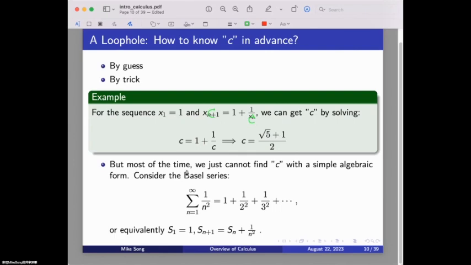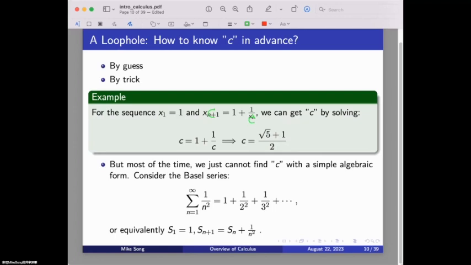But most of the time, we just cannot find c with a simple algebraic form. Consider the Basel series, which is the infinite sum of inverse squares. Let S n be its partial sum, which is the sum of the first n terms.